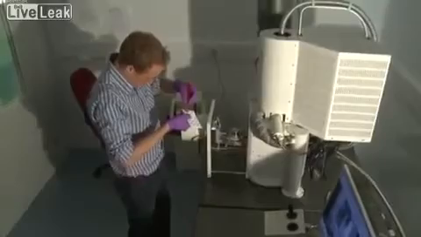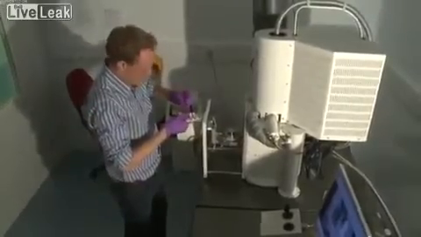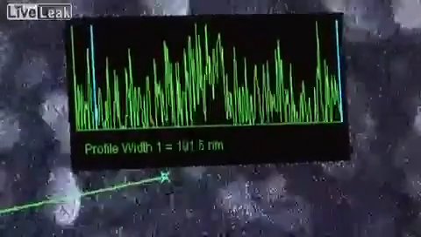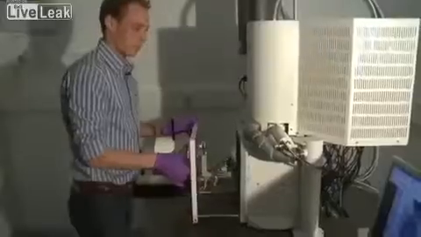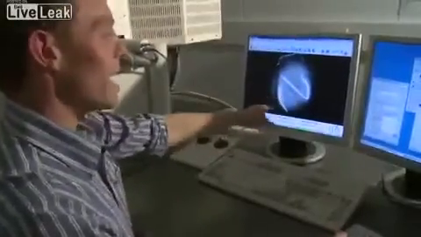To explore the nanoscale, we use very powerful machines called electron microscopes. Today we're going to look at 2 things that you may have seen before. We're going to look at a fly and a coin. So this is the Z on the coin.